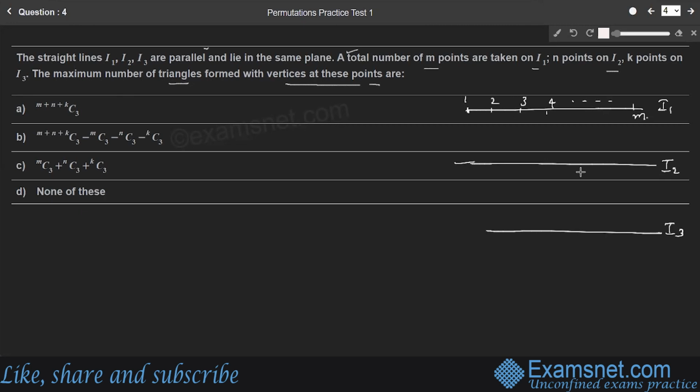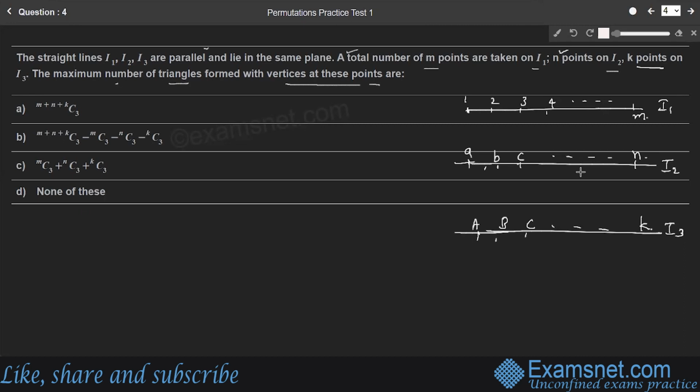And a total of n points on l2, so we consider a, b, c, and so on up to n points. And k points on l3, so we consider capital A, B, C, and so on up to k points on l3, right?